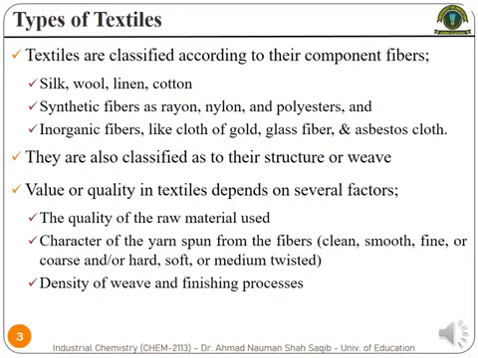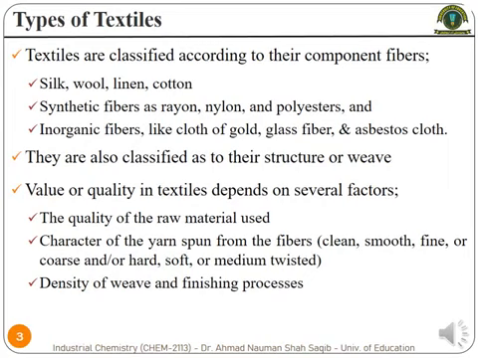So normally the textiles are classified according to their component fibers. For example, we can divide them into fibers which are made of silk, wool, linen or cotton, which are made from natural fibers. Similarly, there are textile products which are made from synthetic fibers like rayon, nylon, polyesters.